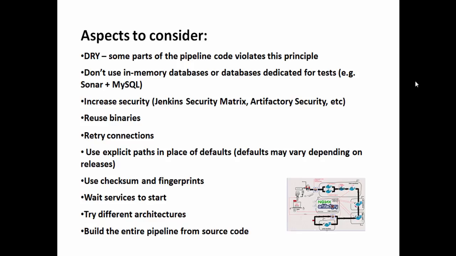Also, you may want to consider building the entire pipeline from source code using pipeline code. In our case, we have a hybrid implementation. Remember that we have several settings in the Jenkins interface, but some of those settings can also be accomplished directly from the pipeline. For example, via the Jenkins pipeline code, we can build Docker images, we can start containers, stop containers, run containers, and we can connect to different Docker machines.